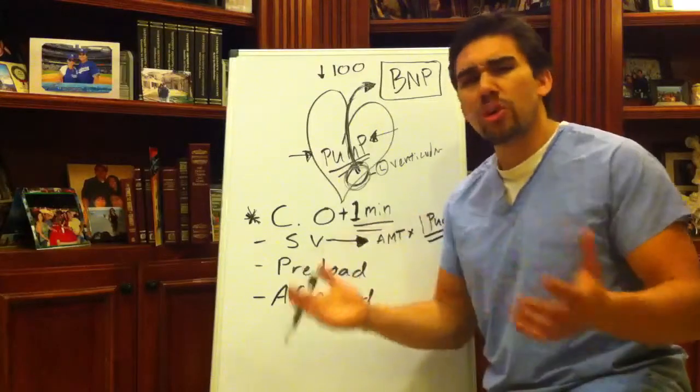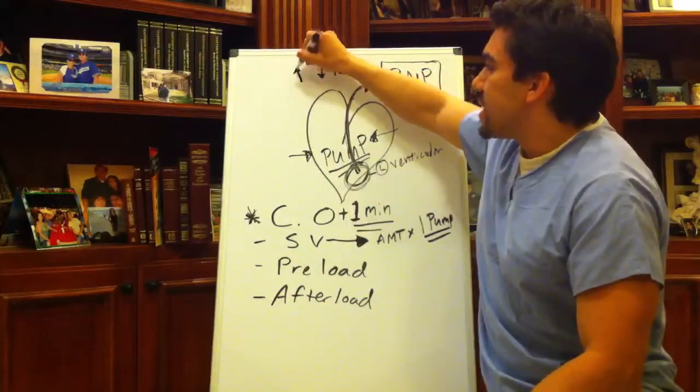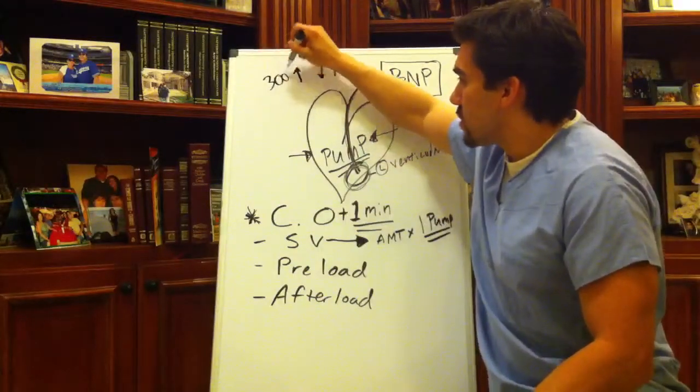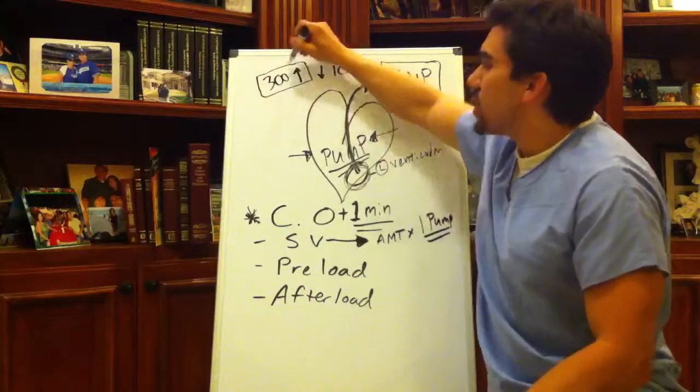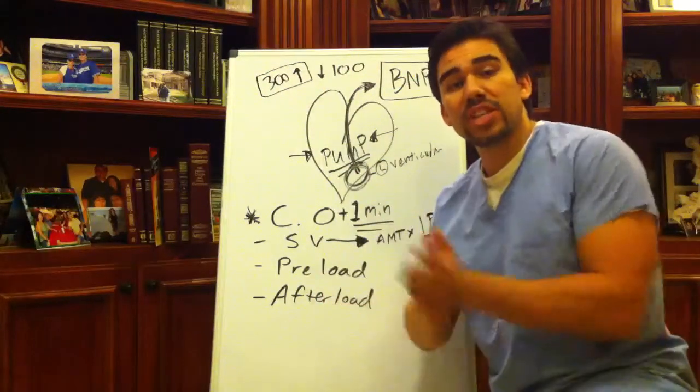Now, when your BNP starts getting serious, it goes up to 300. This is usually in people with beginning CHF, congestive heart failure.